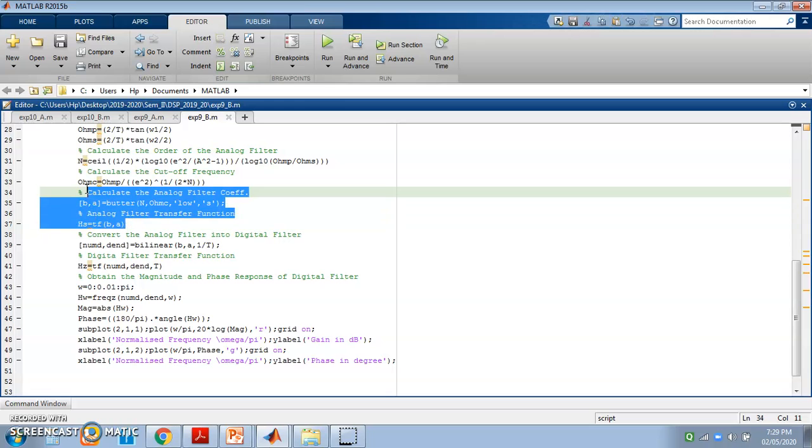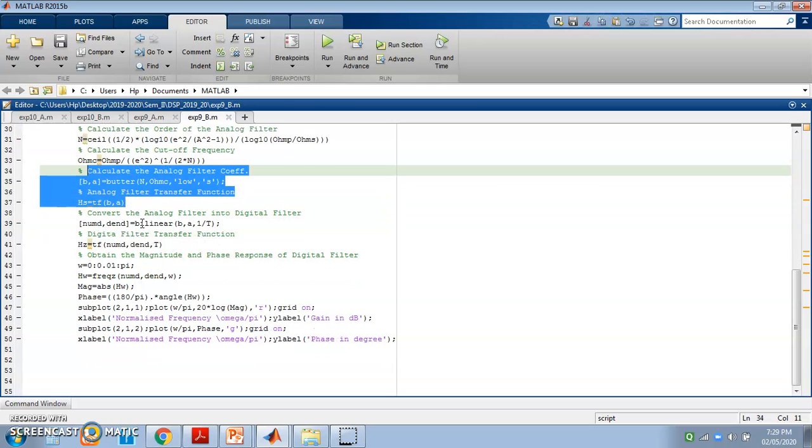And as this is an analog filter, we have to convert this analog filter into the digital one. So for that purpose I am going to use the bilinear transformation. For that there is a standard command again.